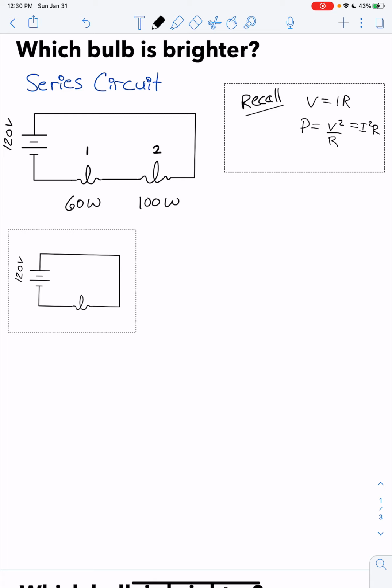So one thing to recognize is, what does this number even mean? 60 watts. Well, it's a power rating. But it's under an assumption.